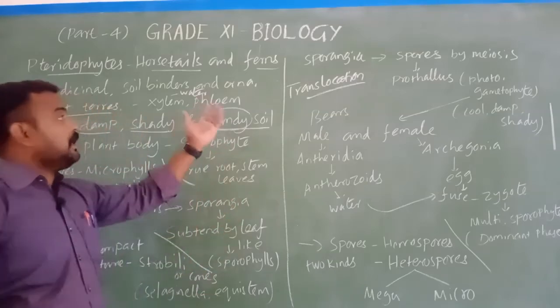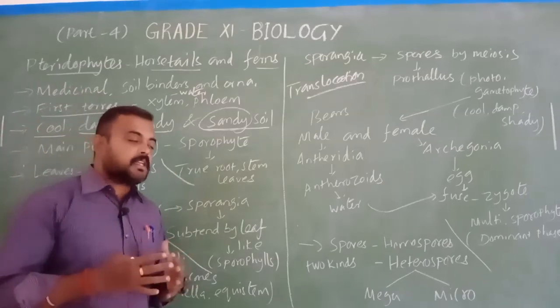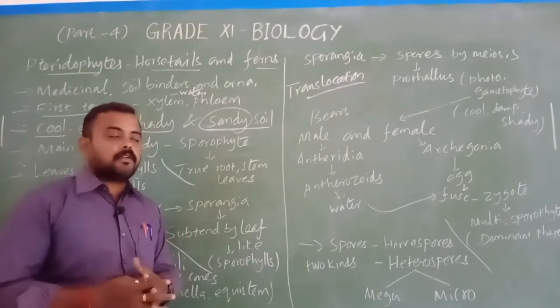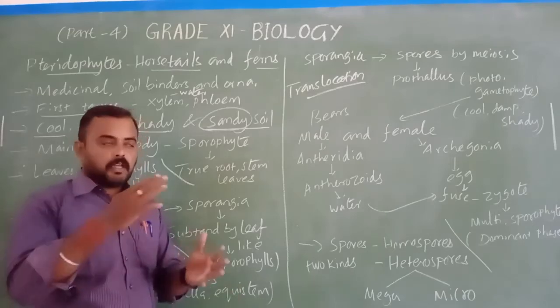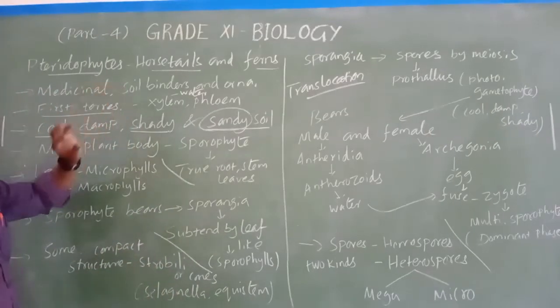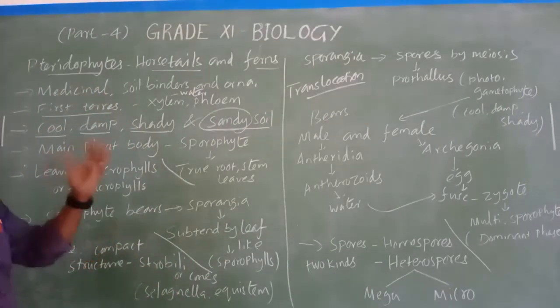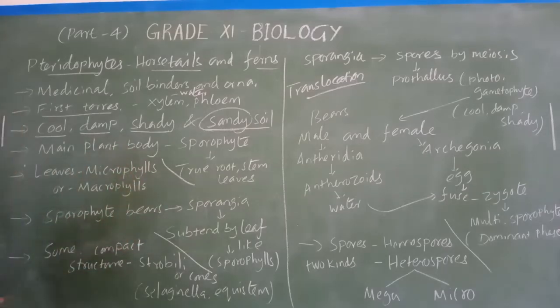But in the phloem, translocation happens, which means the transportation of food from the leaves to other parts and from other parts to the leaves. So it is multi-directional. The vascular bundle is present here, but in bryophytes and algae we don't have a vascular bundle. So this is the first terrestrial plant.